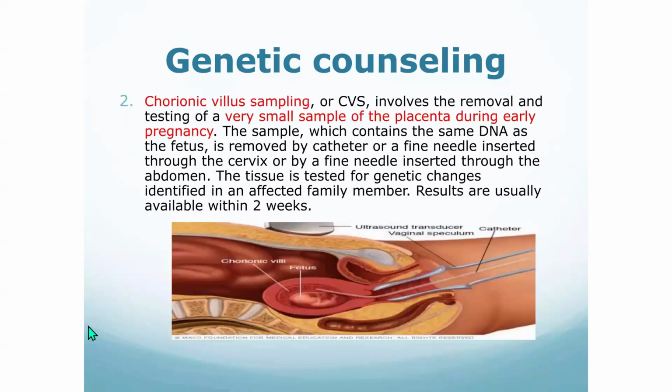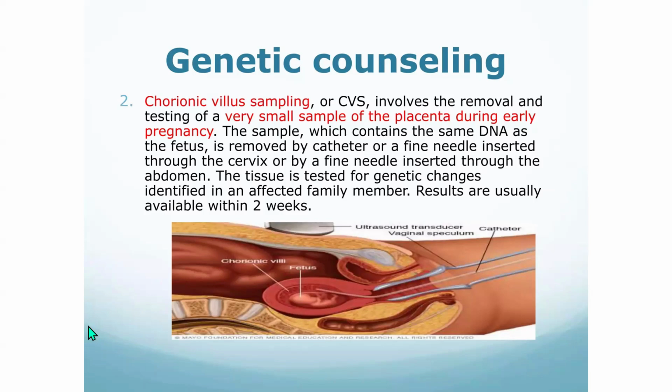sickle cell. And then the other one is chorionic villus sampling, which involves the removal and testing of a very small sample of the placenta during pregnancy.